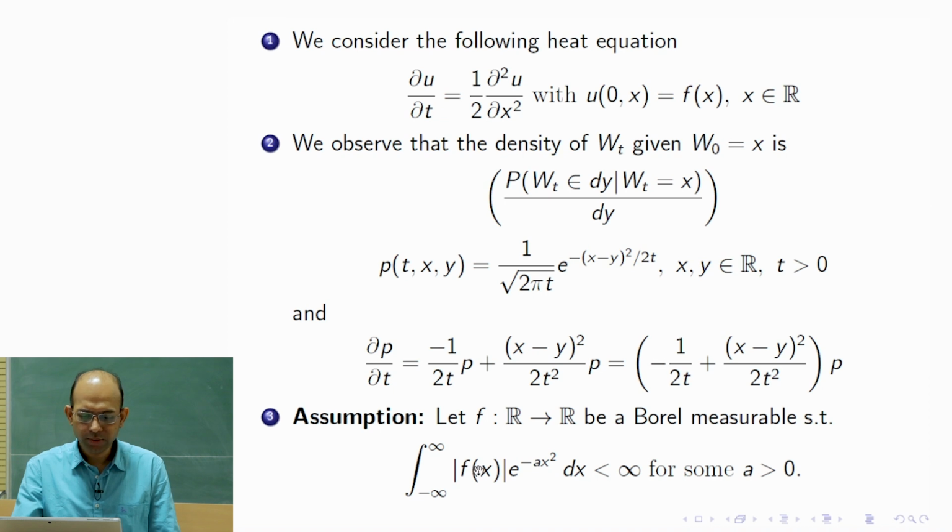We also have one assumption which will be obeyed throughout this part of the study: the initial data has some kind of growth condition. What is this growth condition? That the integral of mod of f(x) times e to the power minus a x square dx is finite. Of course, we are not aiming to answer this heat equation problem for all possible given functions f.